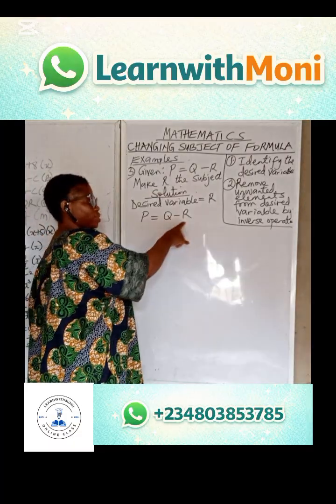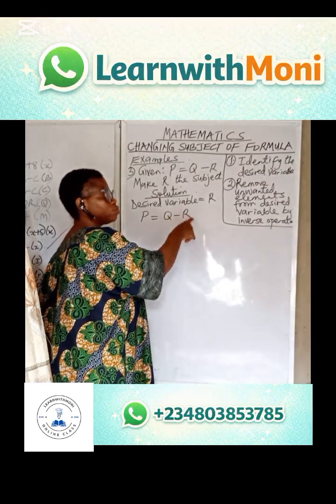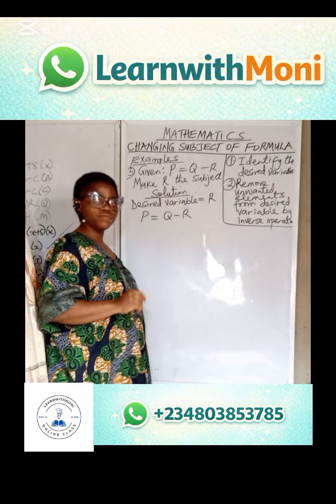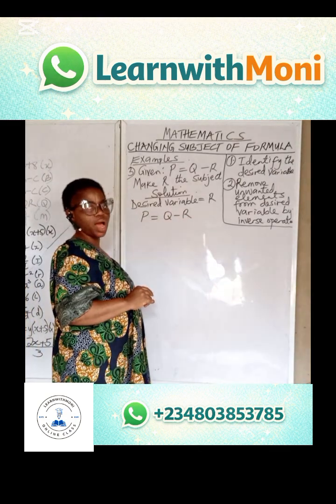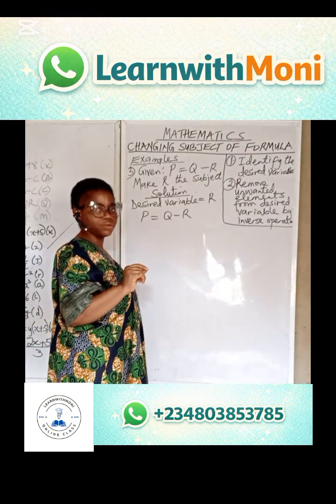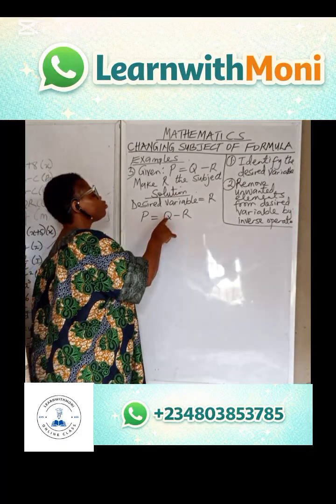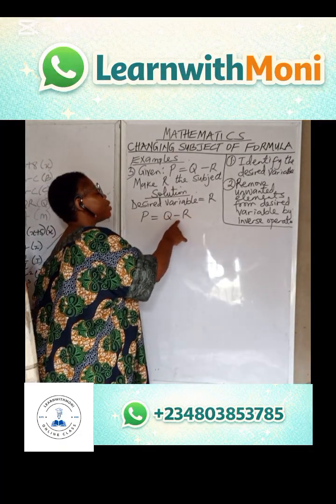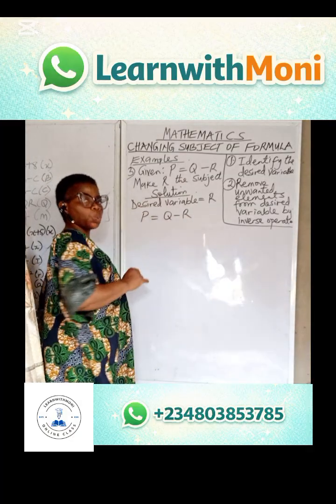On the same side with R, we have Q, from which R is removed in front of this R. And we don't want a negative R. We don't desire a negative R. The first thing I want to do is to pick this R from the right hand side and take it to the left.